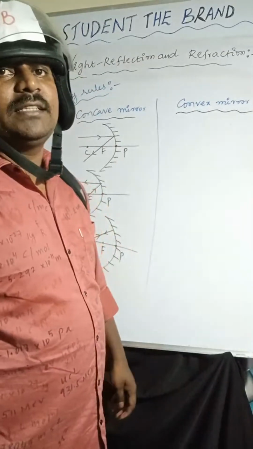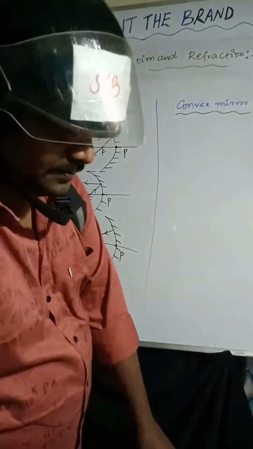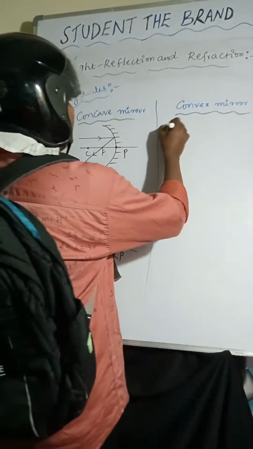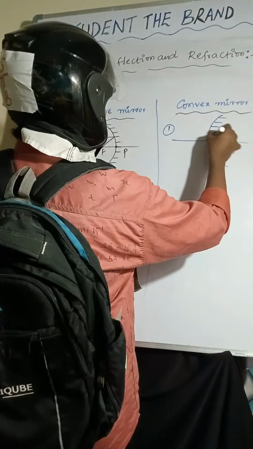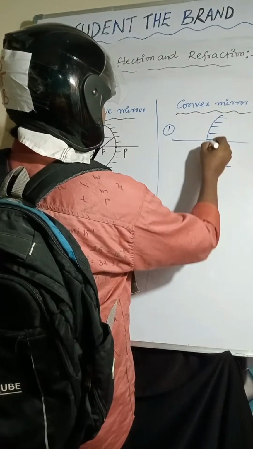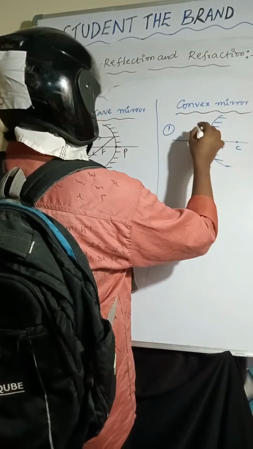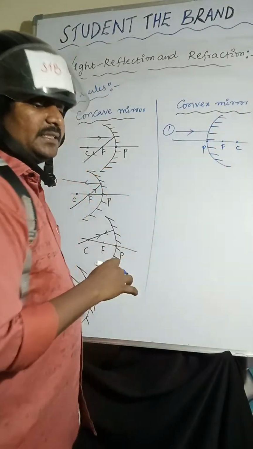Coming to the convex mirror. First one. Pole, focus, center of curvature. The light ray is passing parallel to the principal axis.